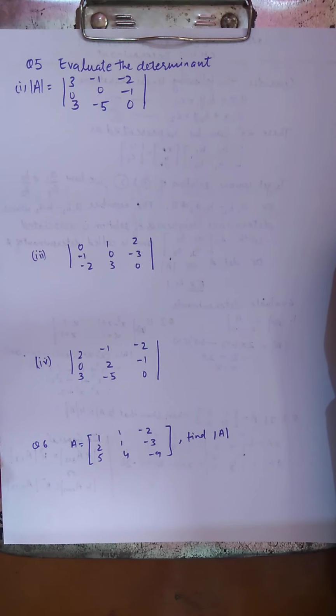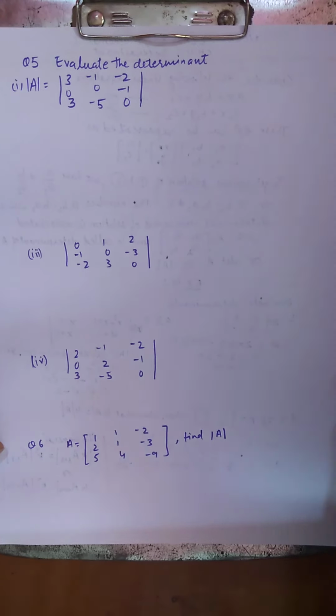It can be calculated along any row, meaning R1, R2, R3, and it can also be calculated along any column. In question number 5, I'll be using different rows to calculate the determinant, and in question number 6 we'll be using columns to find the value of the determinant.